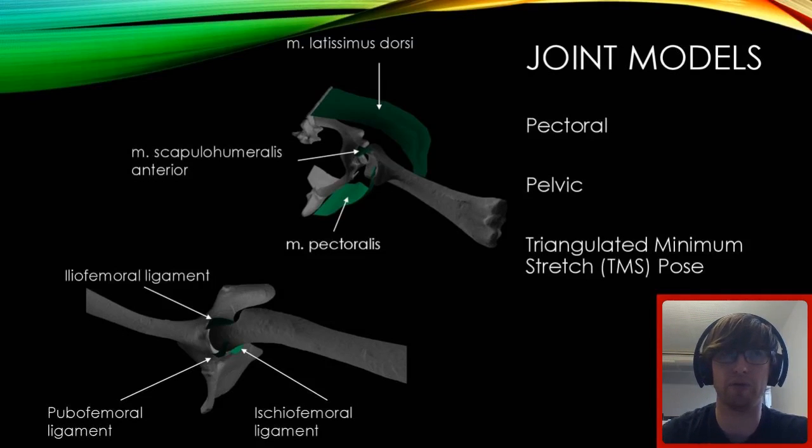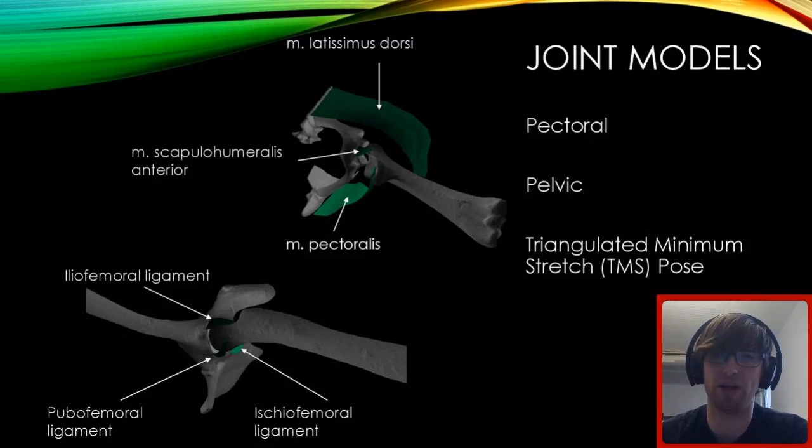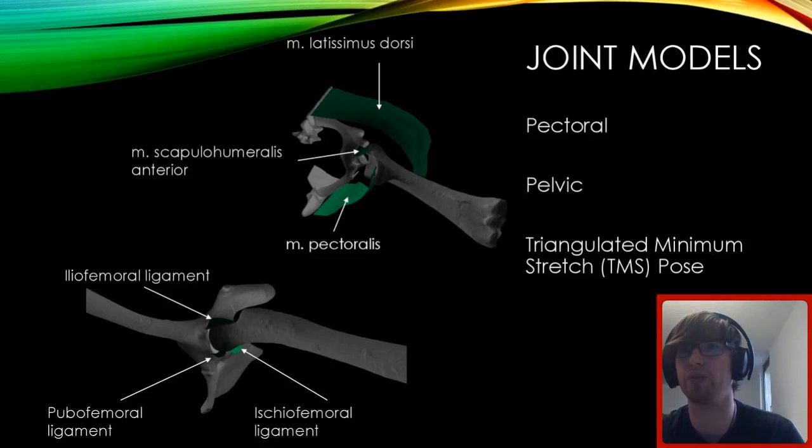So the main problem we've found with the ROM mapping methodology that we were using is that it only will determine your connective tissue lengths throughout your animation. So basically, as your animation goes through, these simulated ligaments are stretched, and it will give you these stretch values.